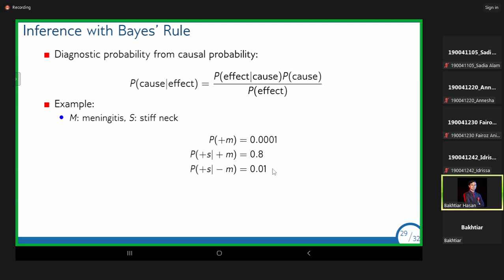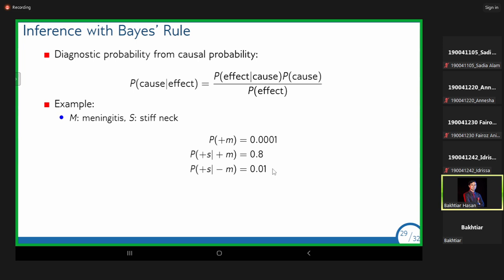We can know a few things. For example, we can know the total number of patients that got admitted and have meningitis. Basically we will do a statistical analysis. We'll see how many patients got admitted in this hospital and how many of them have meningitis. So let's say, considering the total number of patients that got admitted, 0.01% of them have meningitis. Okay, that's a reasonable fact that you could know.